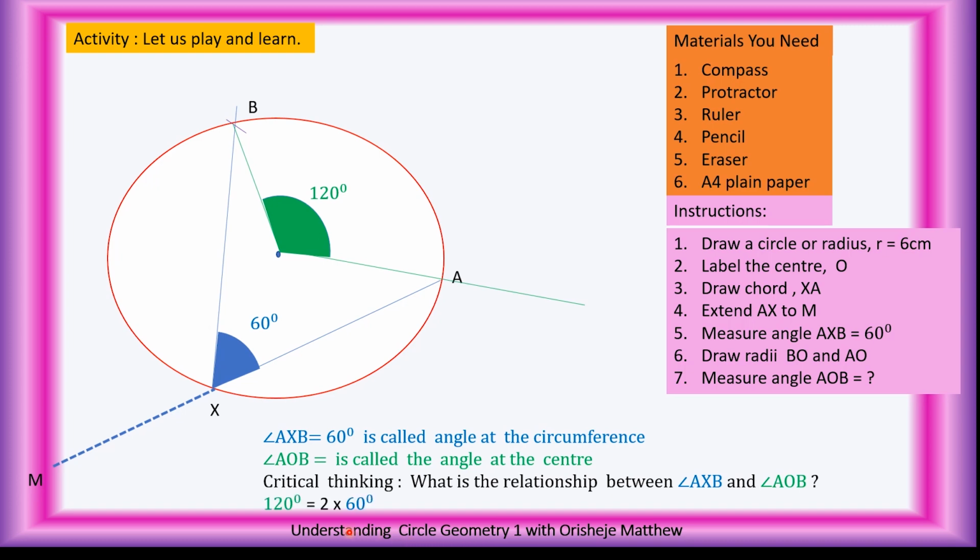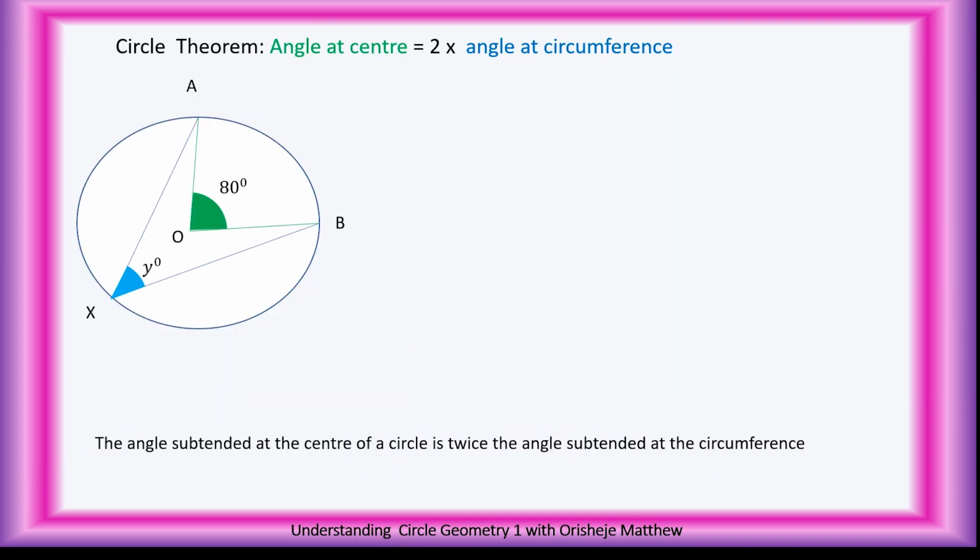So now let's apply the theorem to this question. So you have the angle subtended at the circumference labeled y, while the angle at center is 80 degrees. And from the theorem, angle at center is equal to twice the angle at circumference. So find the value of angle AXB.